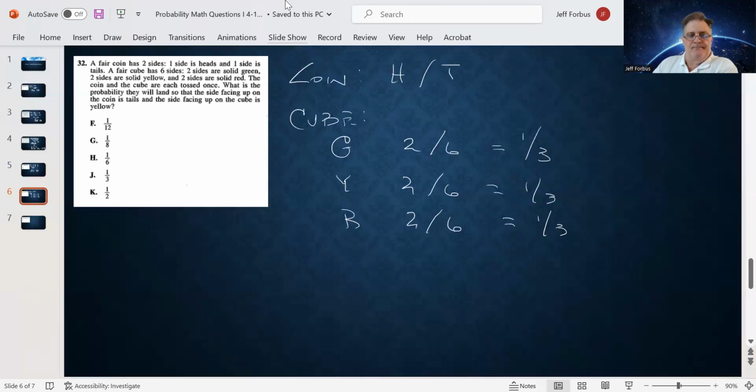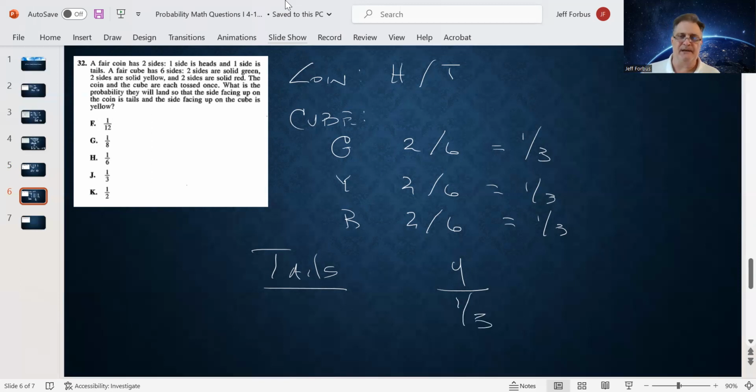Let's finish the question. What is the probability they will land so that the side facing up on the coin is tails and the side facing up on the cube is yellow? So with that being said, tails, and then Y for yellow. So the probability for yellow is 1/3.